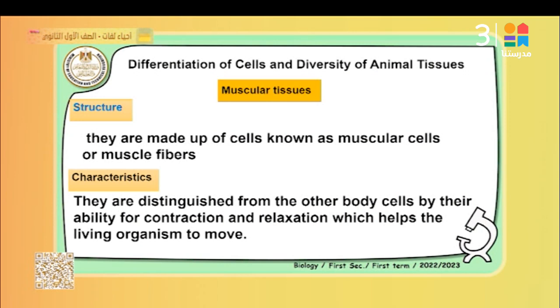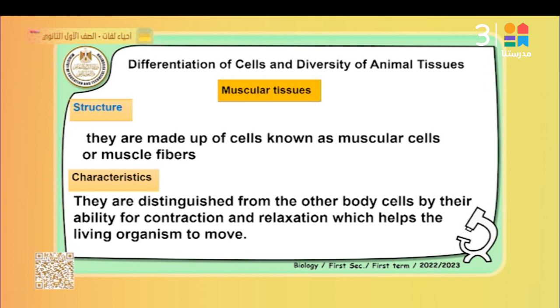That means the muscles represent the flesh. What are the characteristics of the muscles? As I mentioned, they are cylindrical, have the ability to contract and relax, are multinucleated, store a large amount of glycogen, and contain a large amount of mitochondria.